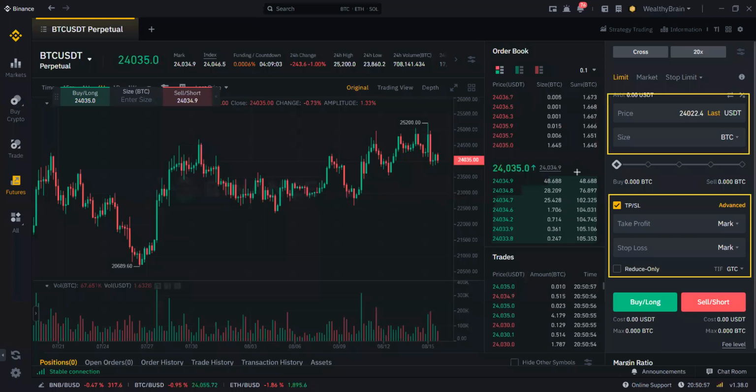Okay, now right here in this trade, you can see from the top right hand side, where they give you cross, and you can see 20x. You can see cross, and behind it you can see 20x. Cross is the margin at which you trade with, and we have two margins in futures trading on Binance.